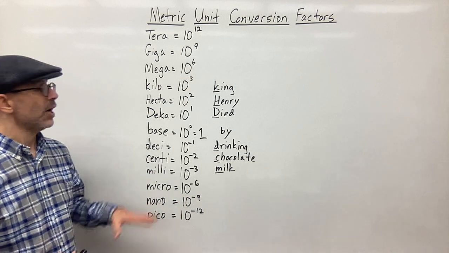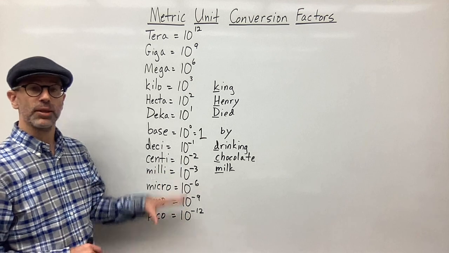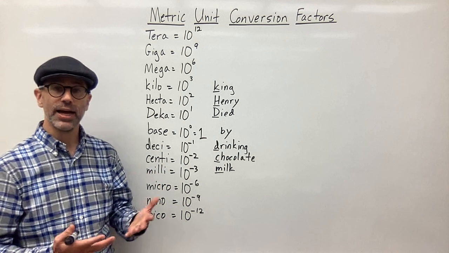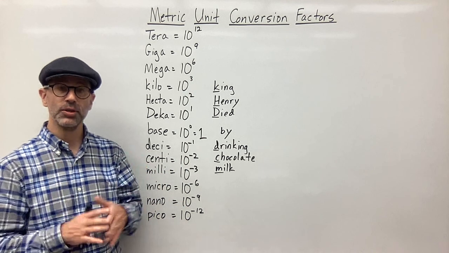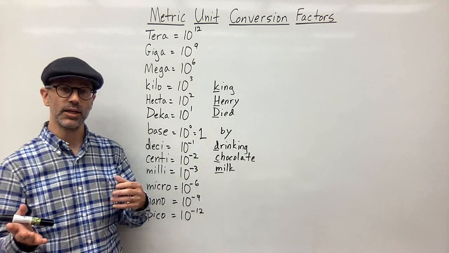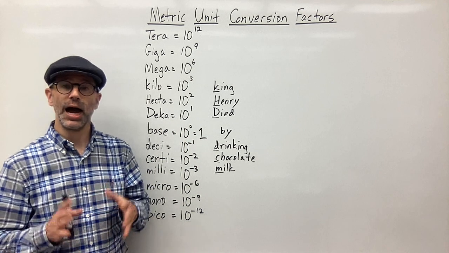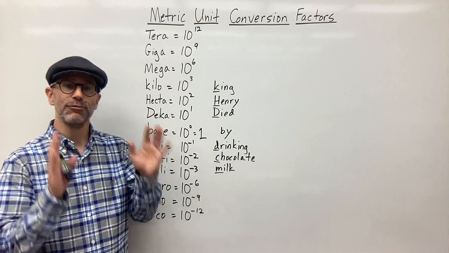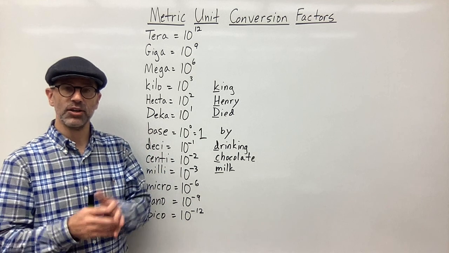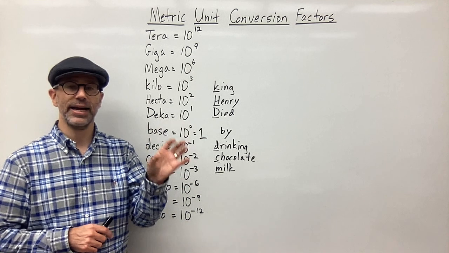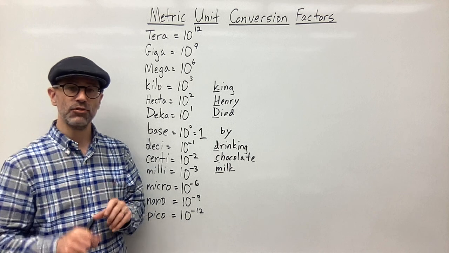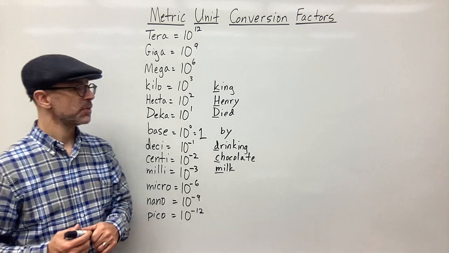And so you need to know what the prefixes are in order to set up what the equality is between your metric units. And here in this video, I'm going to specifically show you how you can set up and figure out what the equality is between a metric unit that has a prefix and the base unit. So let's get into this.